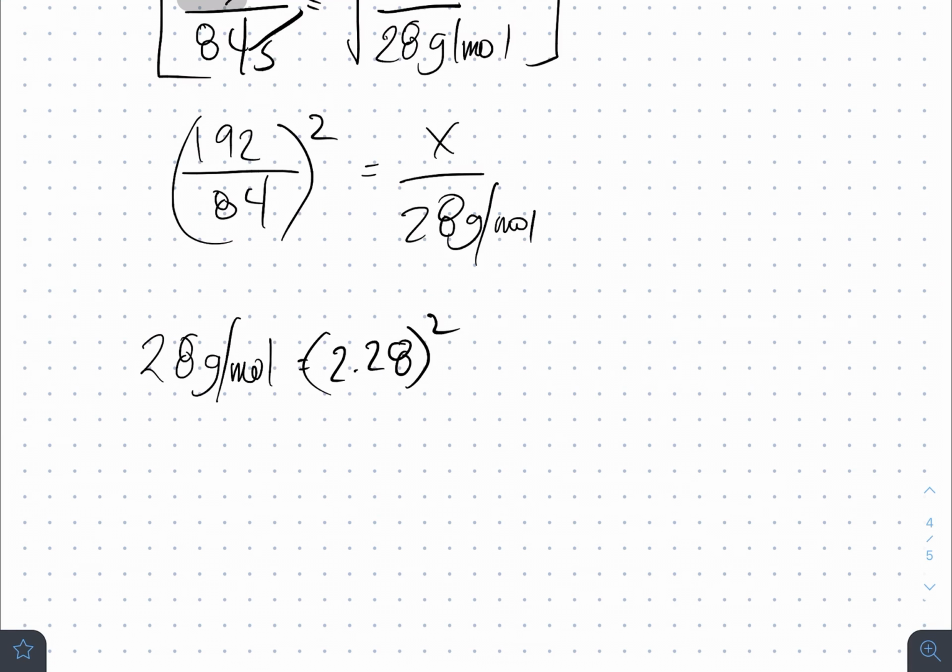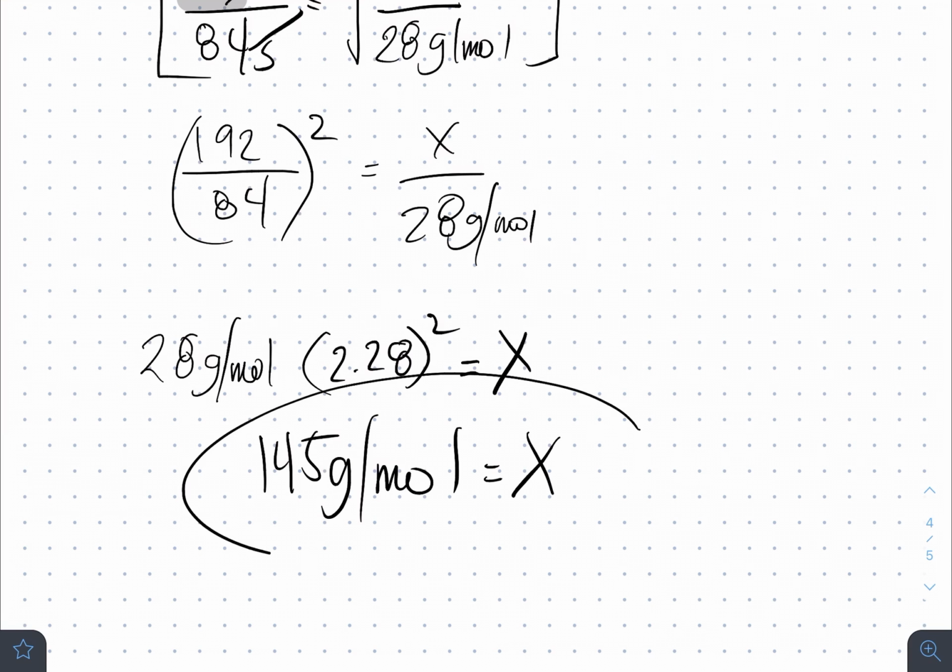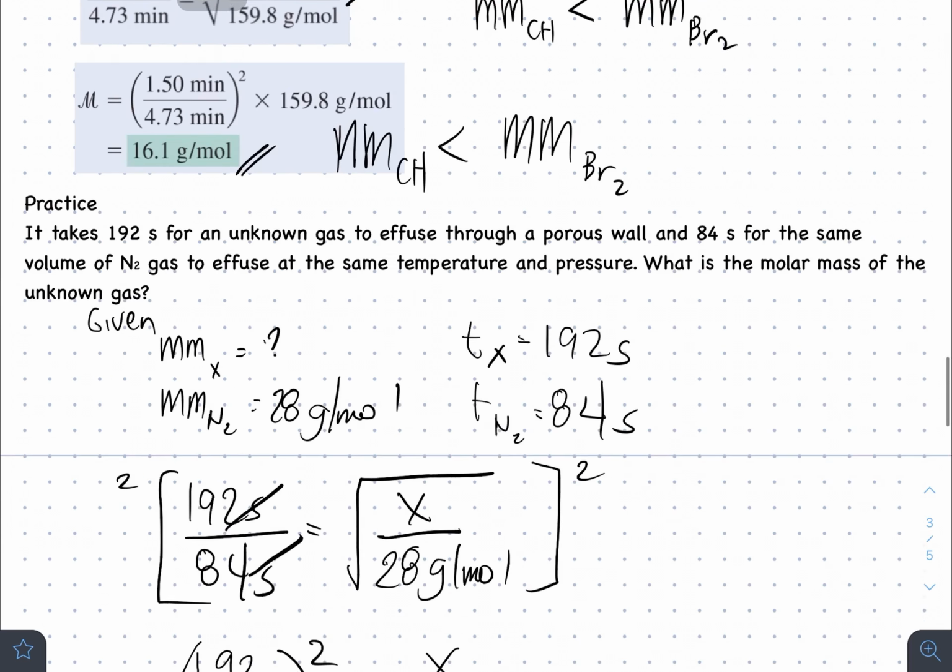Further evaluating, this will be 2.28 squared multiplied by 28. The answer will be 145 grams per mole. So this is the molar mass of the unknown compound.